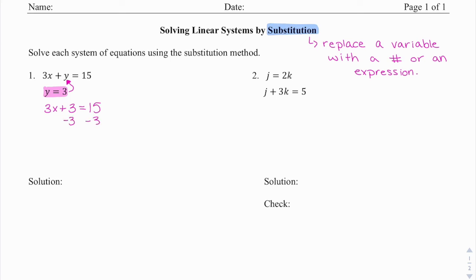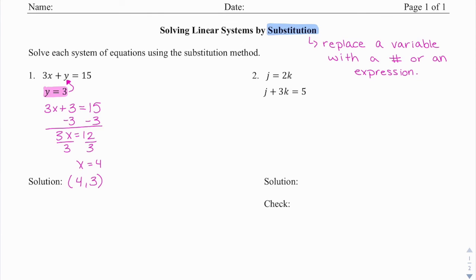And then solve your equation using the steps that we have been using since the beginning of the year. I get x equals 4. So my solution is 4, 3, because it's alphabetical order, x, y. That you guys know how to do.